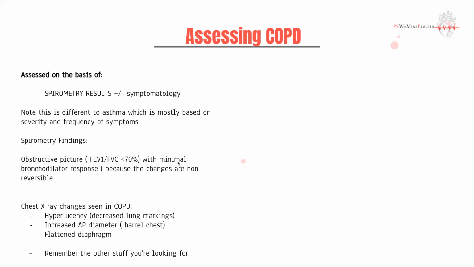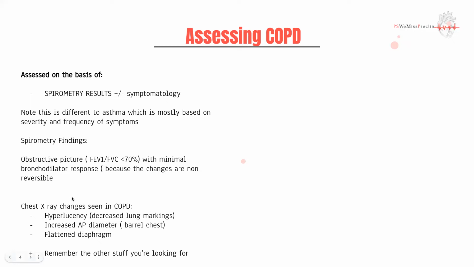You're also going to have minimal bronchodilator response. Why? Because unlike asthma, this isn't just a hypersensitivity issue. This is a chronic issue with established structural damage to the bronchi and to the alveoli.